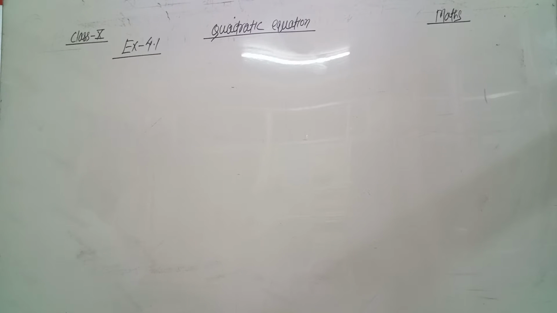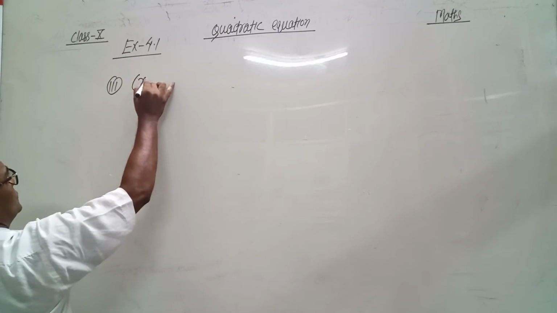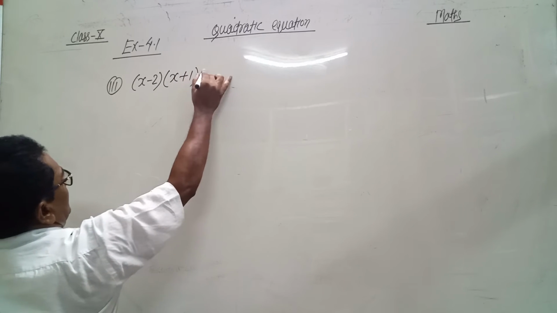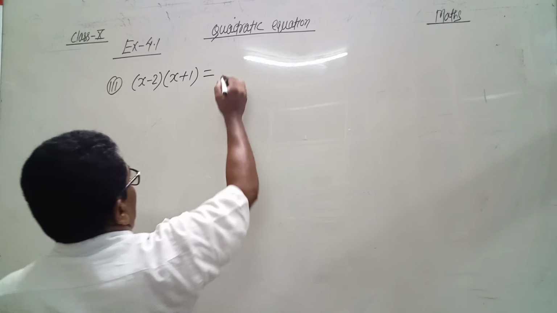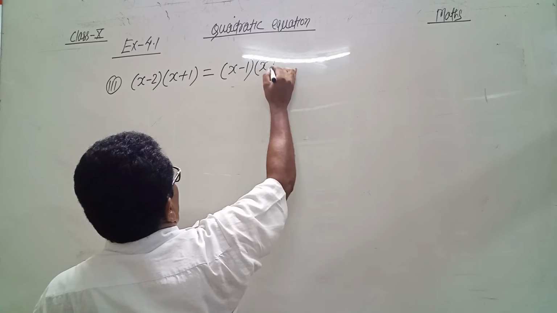See question number 3rd, part 3rd. x minus 2 into x plus 1 is equals to x minus 1 into x plus 3.